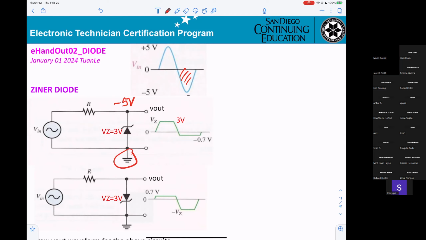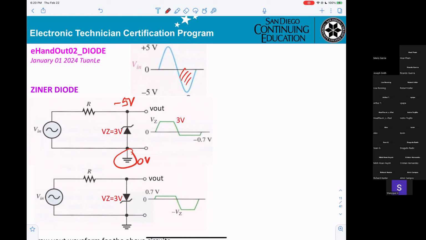Zener cannot break down, and Zener now will be turned on, right? You get a 0 volt here and a -5 on the other side.